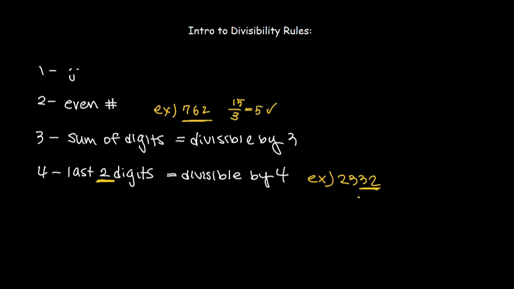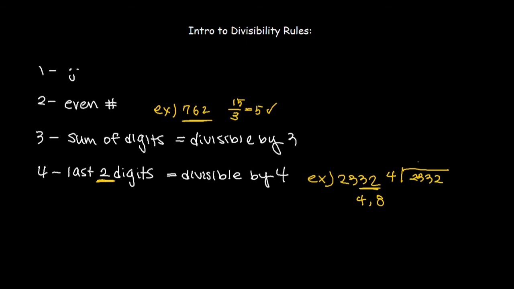And the factors are going to be 4 and 8. So I already know that this number is divisible by 4 without dividing the whole number by 4. And just as a check, let's go ahead and divide it. It should be a simple division here.